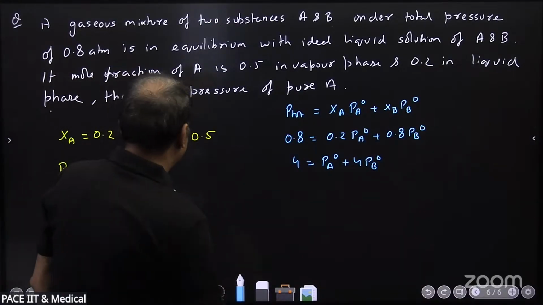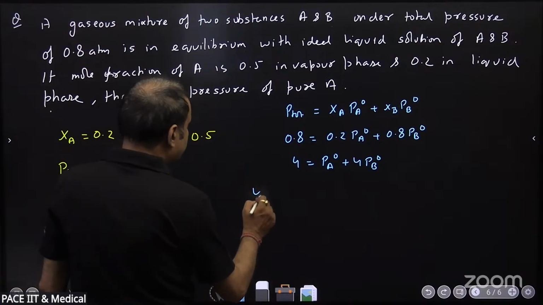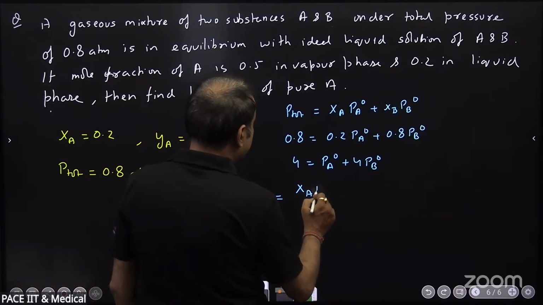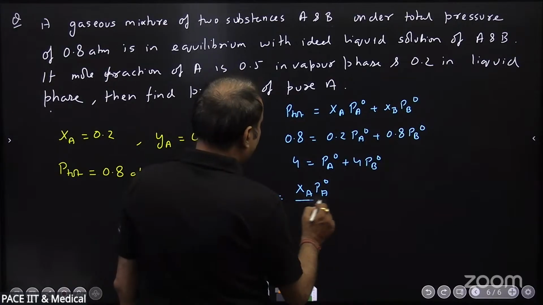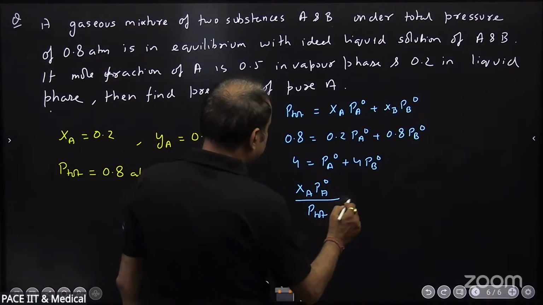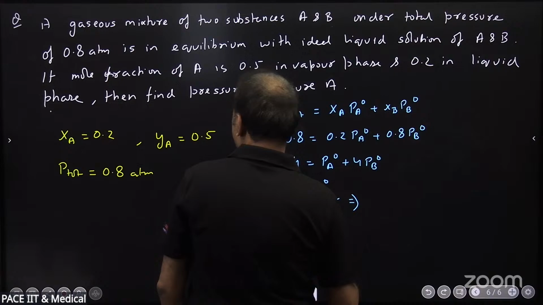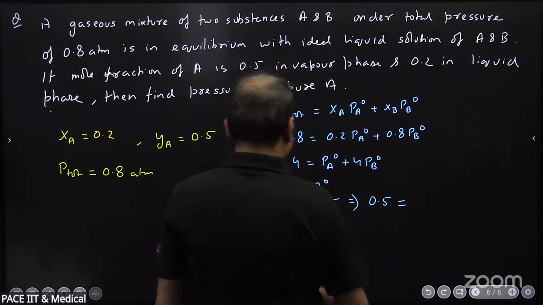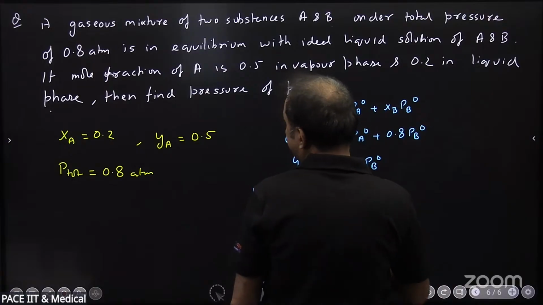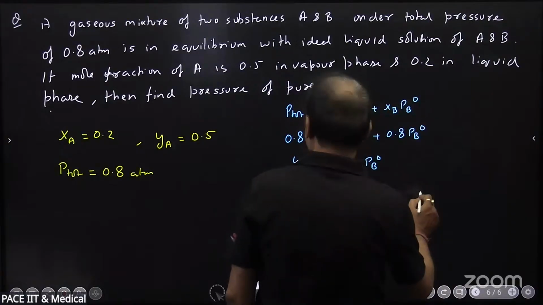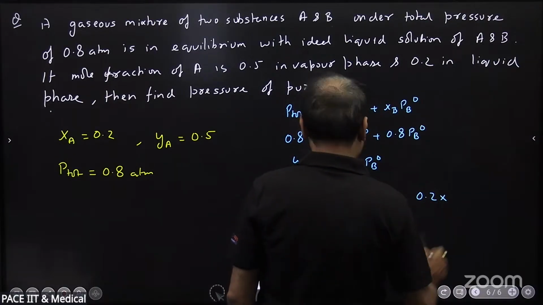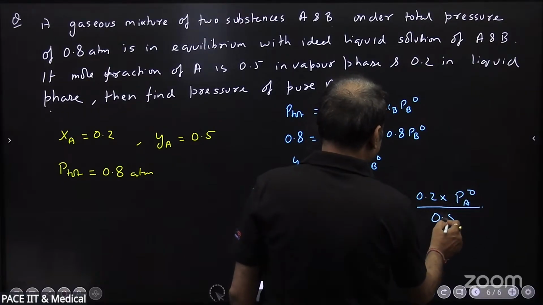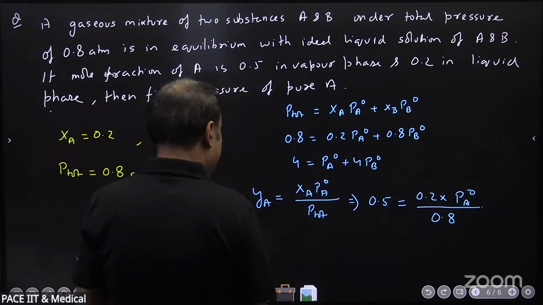Next, we can write the equation for YA. YA will be given as XA PA naught by P total. So YA is given to us as 0.5. That will be equal to XA is given to us as 0.2, PA naught we want to calculate, and P total is given to us as 0.8.